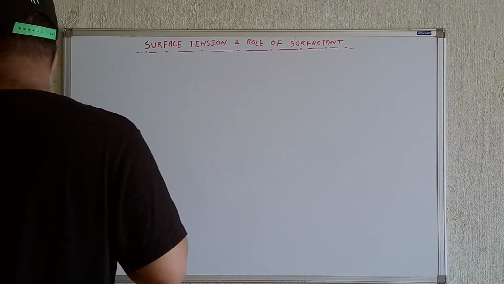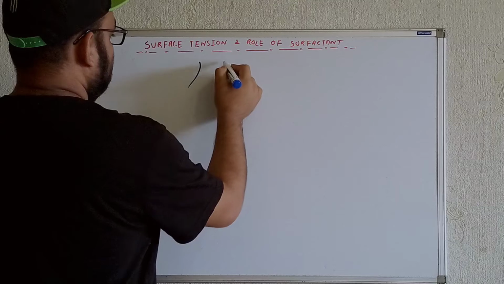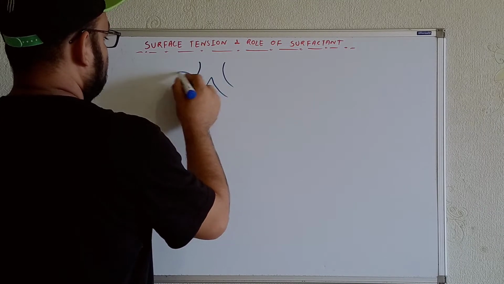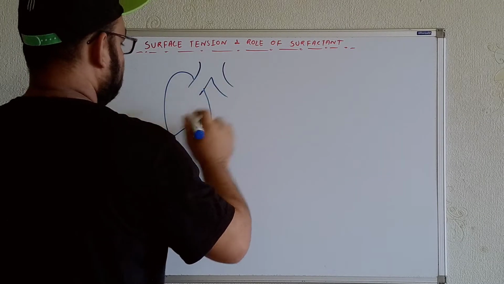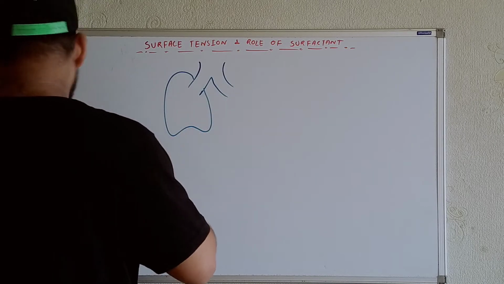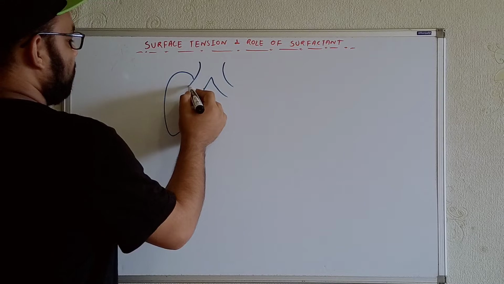So for this, let's draw the lines over here. Now I'll draw something very simple. I'm just drawing two large alveoli from here.